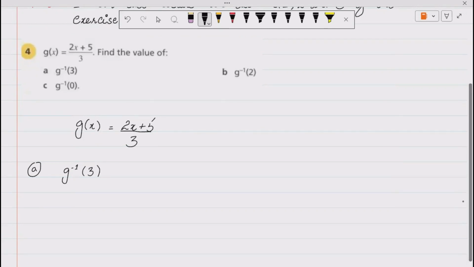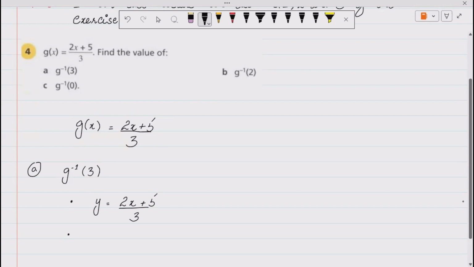So for the inverse of g, we do the usual steps. I am not writing the English sentences now, I am just doing the mathematical steps. Step 1 is, instead of g of x, replace it with y. What we got? y equals 2x plus 5 over 3. In the second step, we have to find the value of x.